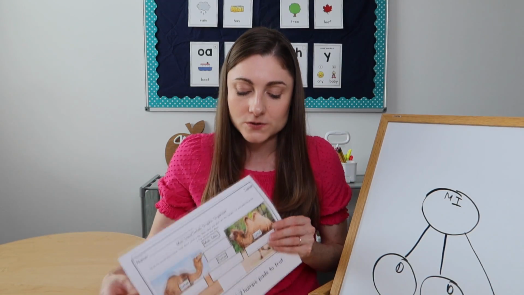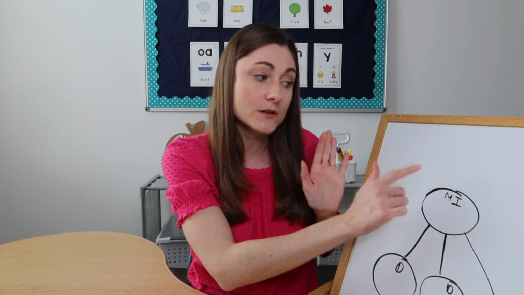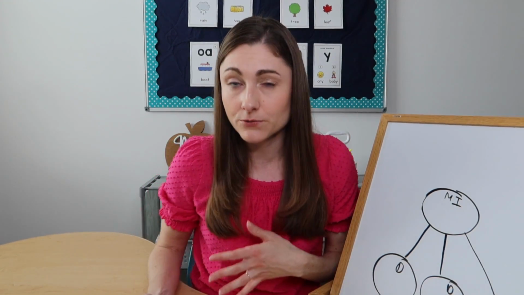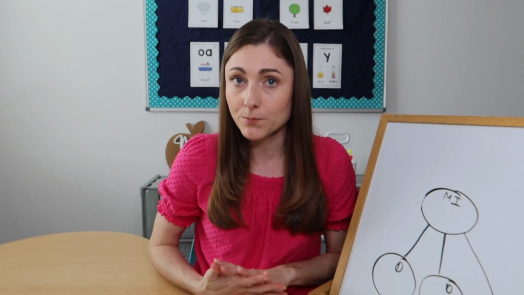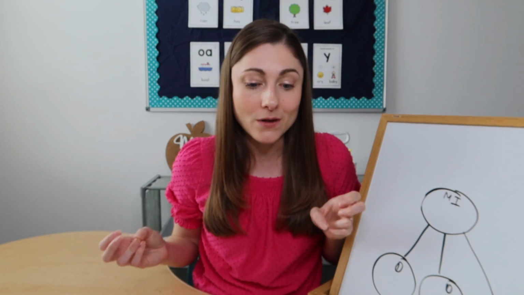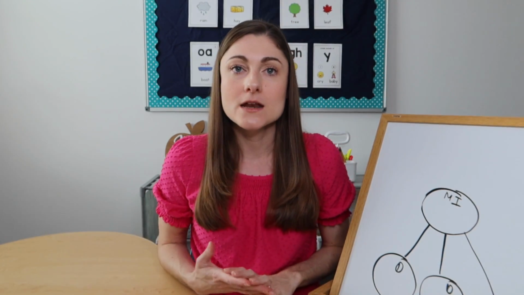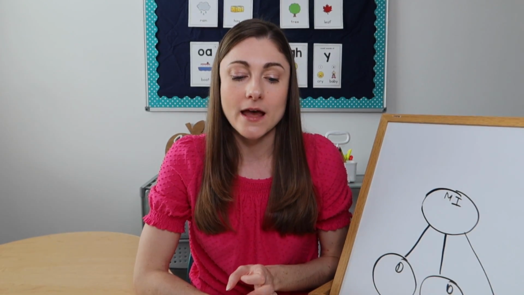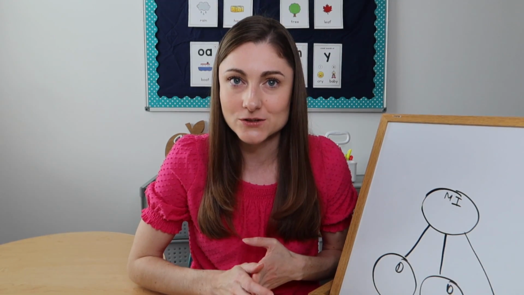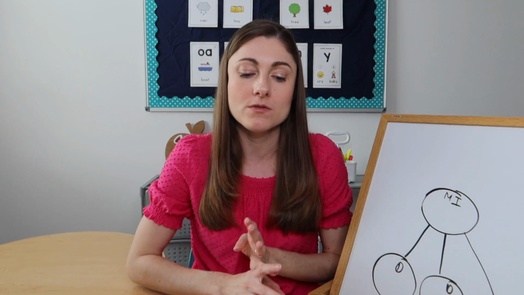Differentiate. Remember, some of your kids might just need to cut and paste the main idea or tell you, okay, this one is the main idea, while others can actually write it out. So differentiate as needed, and have them work with a partner. You could also play a game called Which One Doesn't Belong or Odd One Out, where you name a main idea and details, and 3 of the details are accurate and one of them doesn't belong.